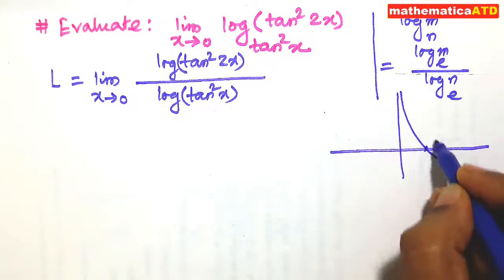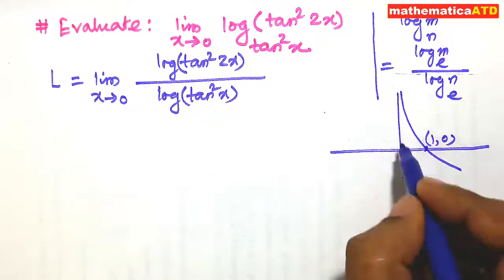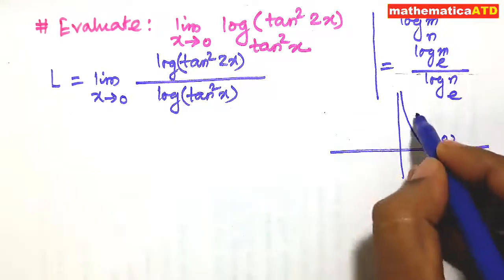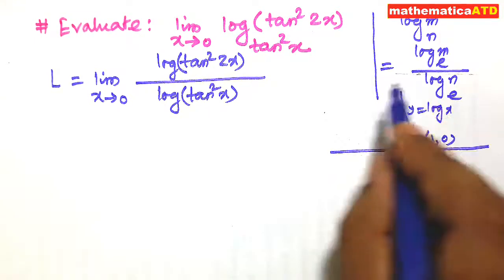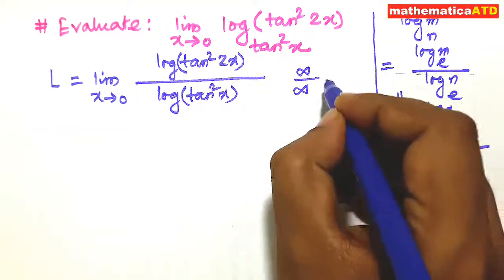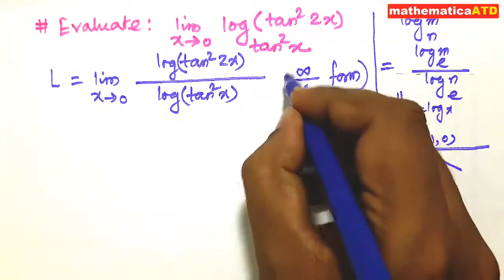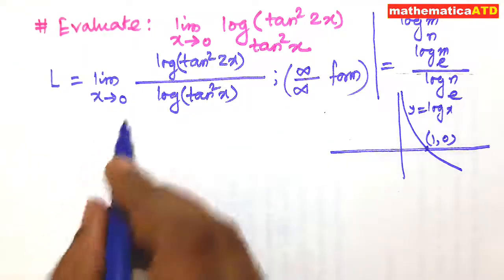It is passing through the point (1, 0). So when x is tending to 0, the curve y equals log x is tending to infinity. So the form is infinity by infinity. Obviously we can use here the L'Hospital rule.